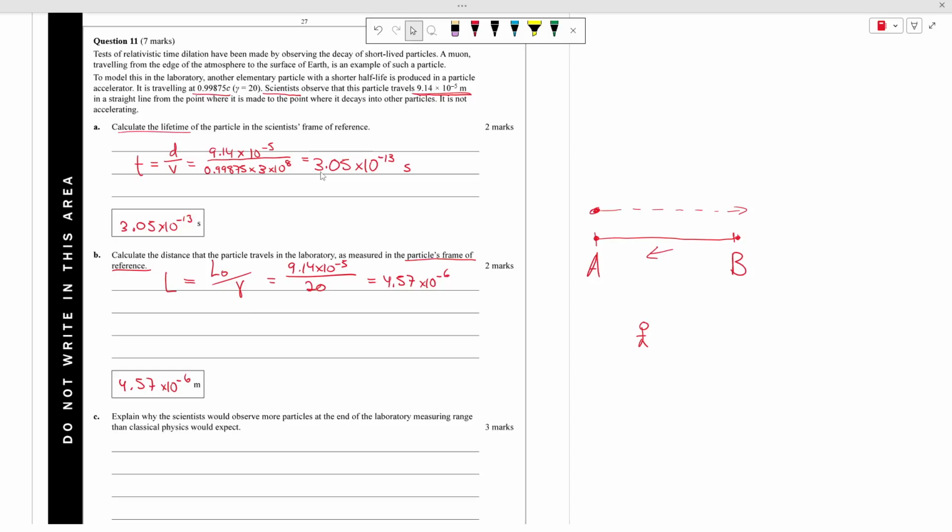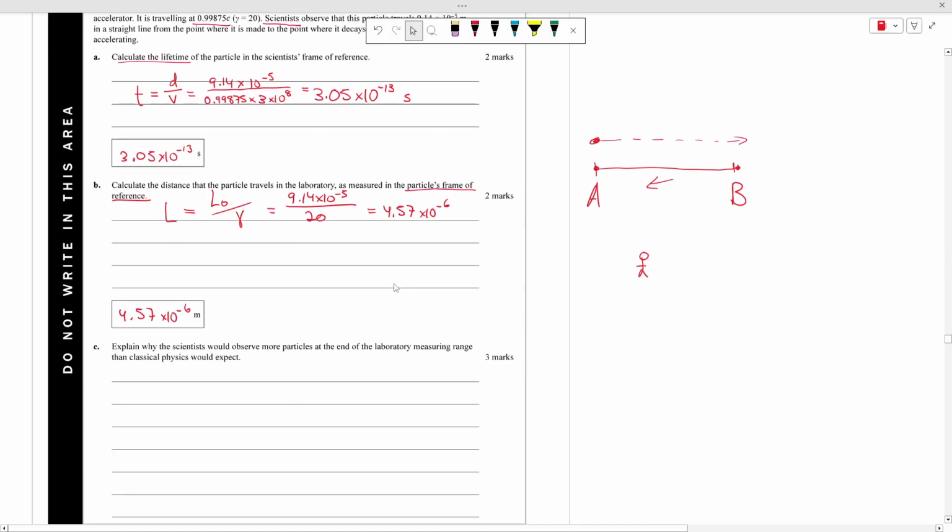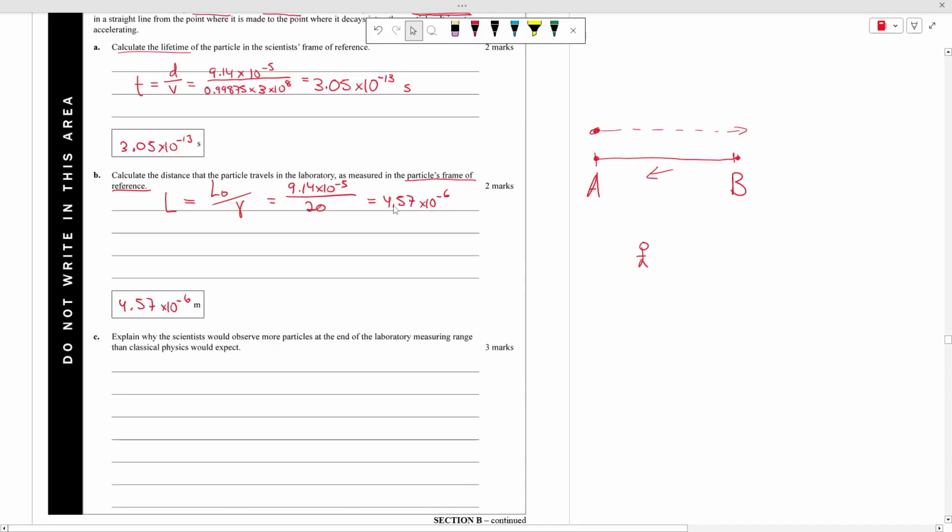How could I put this nicely? Alright, I think I'll explain it like this. According to the muon, they don't have to travel as far.